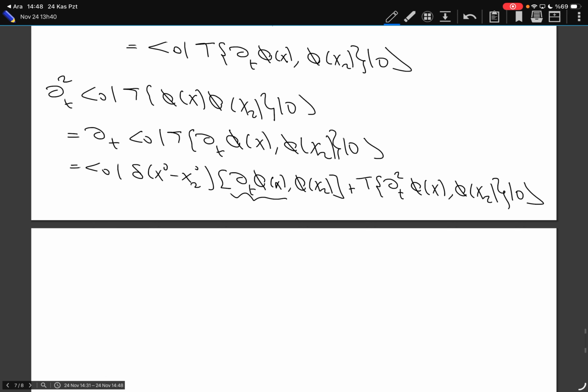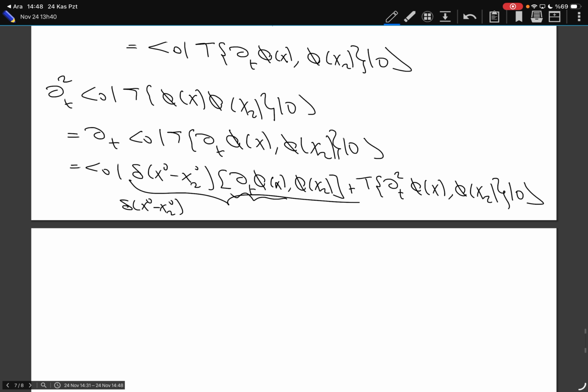I have another equal time commutator, but remember that the time derivative is the momentum. It's not the field itself, it's the conjugate momentum to the field. So that commutator at equal times would give me Dirac delta x0 minus x2 0.